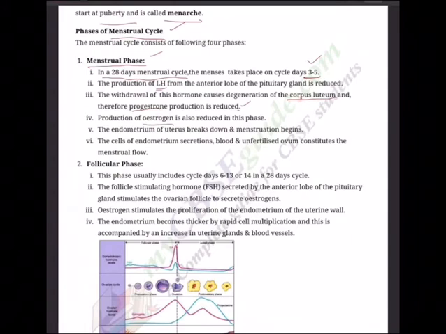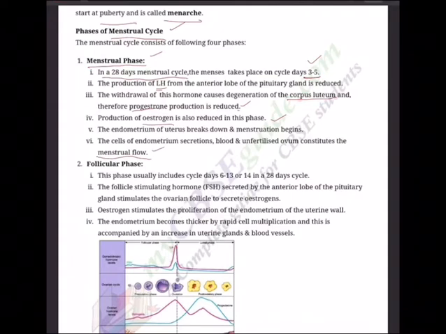So estrogen reduced, progesterone reduced, LH reduced. The corpus luteum starts degenerating. The endometrium of the uterus, meaning the inner wall of the uterus, breaks down and menstruation begins. The cells of the endometrium, secretions, blood, and unfertilized ovum constitute the menstrual flow.